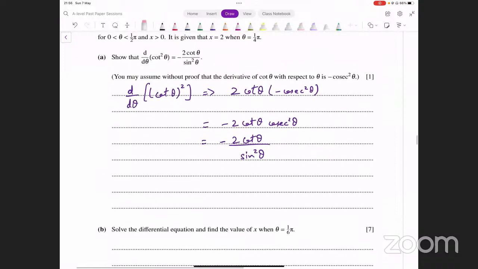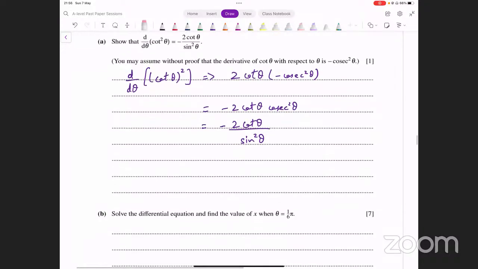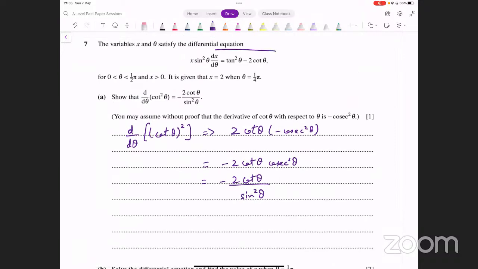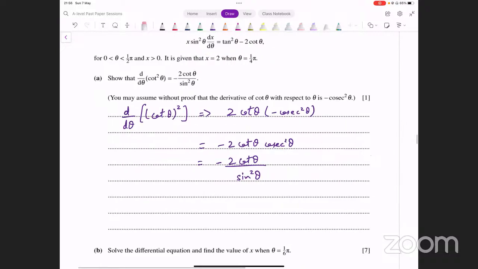Now it says solve this differential equation and find the value of x when theta is equal to pi over 6. So now we need to solve this differential equation. Which differential equation? This scary looking differential equation. How can we do that? Let's figure this out.